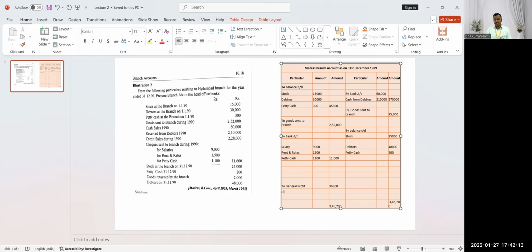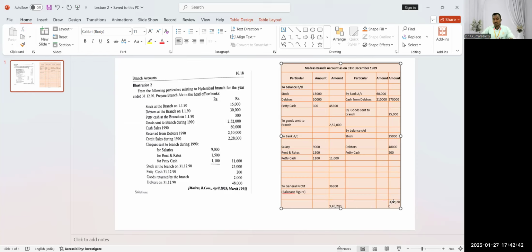You found 36,300 by taking the balance amount to match 3,45,200, the balance figure. So we need the balance amount of 36,300, then only we will get the same amount as the credit side. When we add 36,300, we are balancing the debit and the credit.